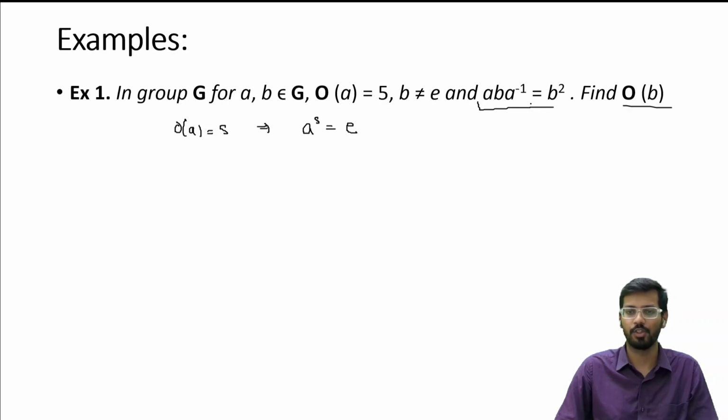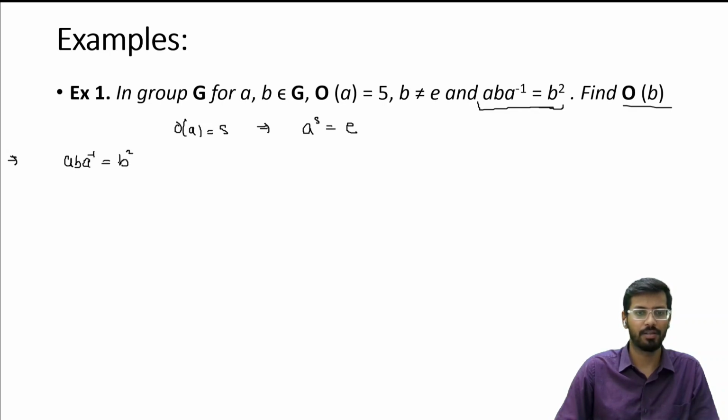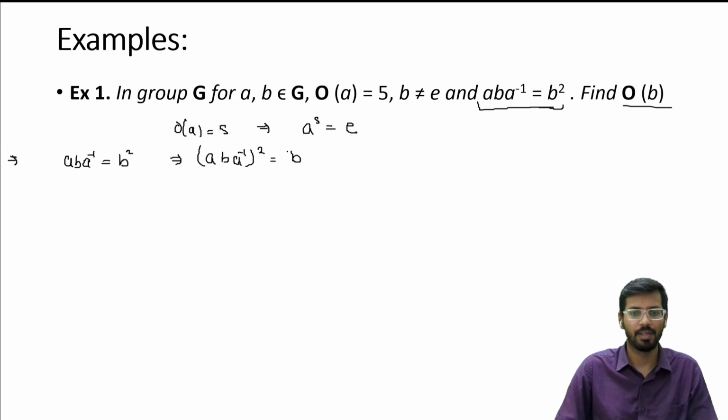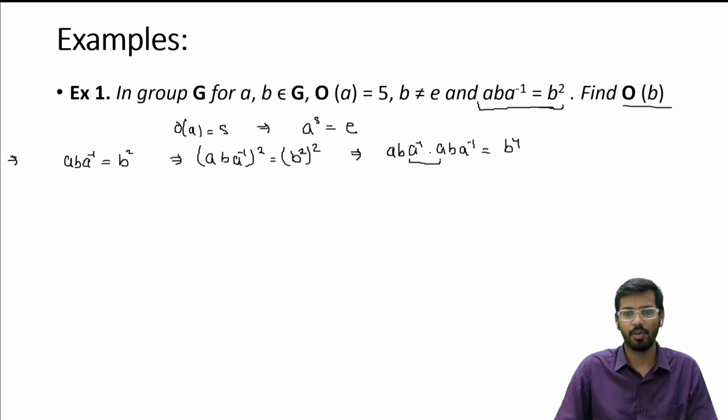a b a inverse is equal to b square, that is given. So from this, if we take a b a inverse is equal to b square, take square in both sides. Okay, so (a b a inverse) whole square is equal to (b square) raised to power 2, that is equal to a b a inverse dot a b a inverse, that is equal to b raised to power 4. a inverse a is equal to identity element.